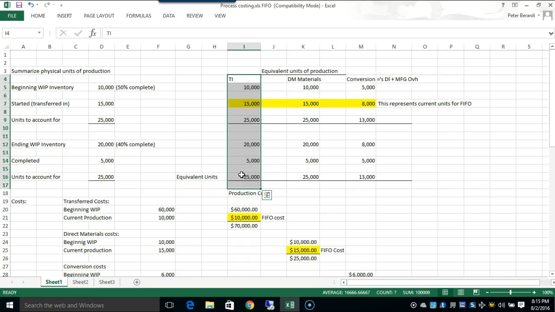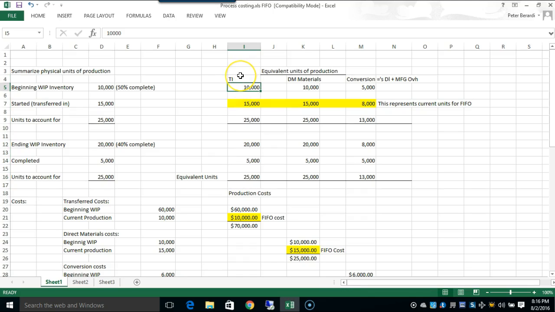So when more than one production department or process exists and units of production are transferred from one department to another for further processing, the costs associated with those units must be accounted for. If Department 1 transfers 10,000 units of production to Department 2, the units would be considered transferred in costs for Department 2. So that's basically why we have this column.